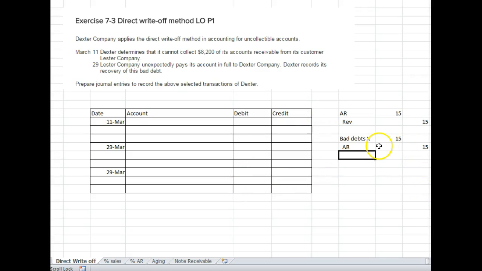The problem with that is, again, if you decide somebody's not going to pay and then they turn around and pay, then you've got to reverse all of this, right? And you are playing with an expense account that's going to have a lot of ups and downs in it.